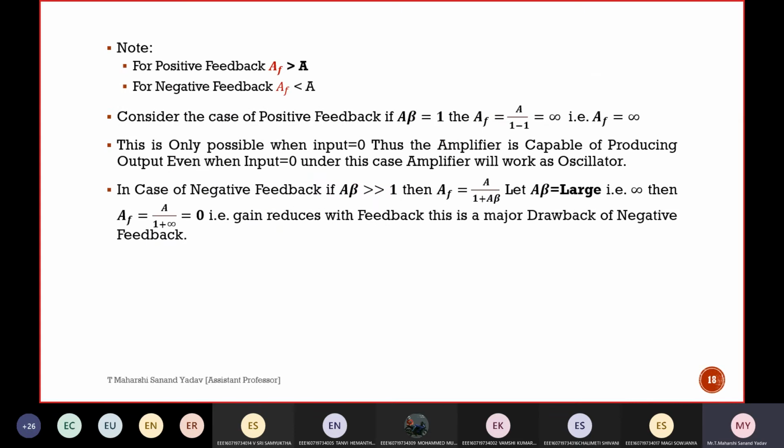Now this is one of the important cases. Note, for positive feedback, gain with feedback is more compared to A, whereas in case of negative feedback, it is less compared to A. Why? Can anyone tell me the reason?